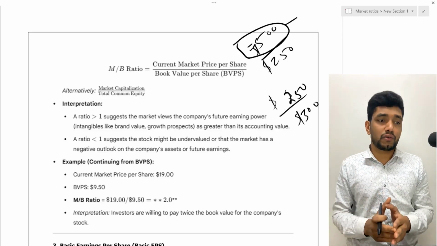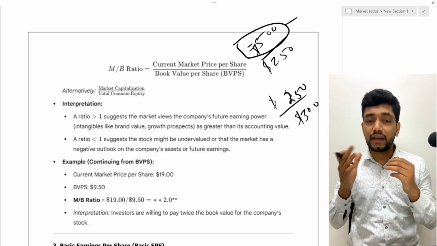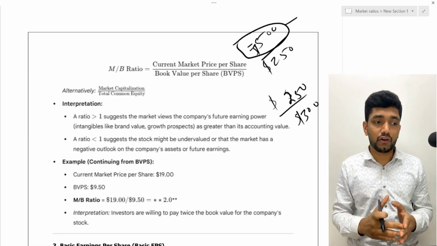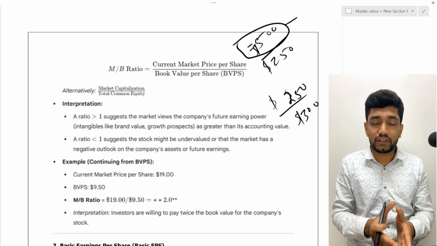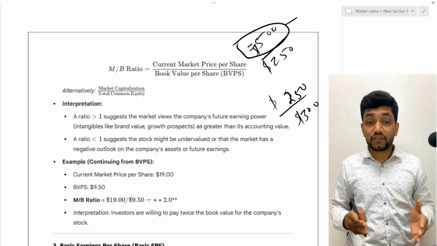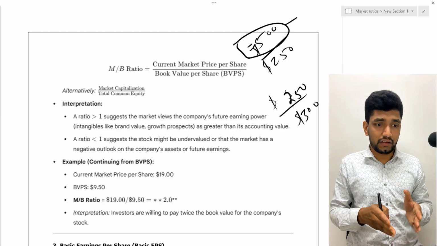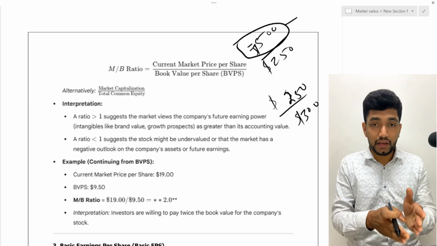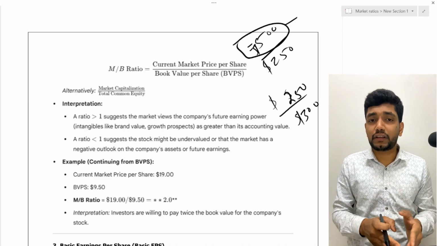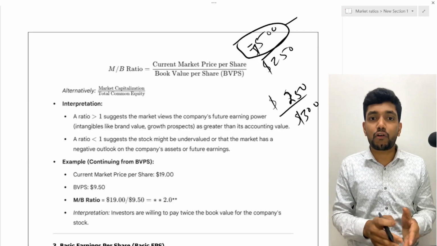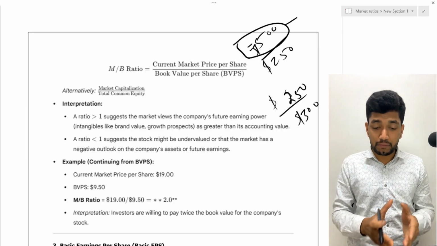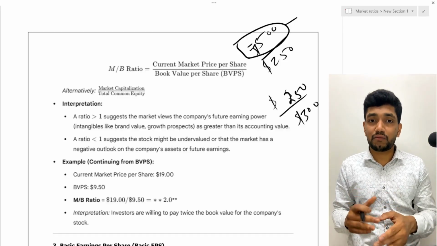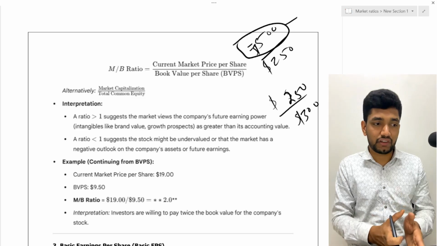So again, the market to book value ratio is just a comparison of your market price and your book value. If the ratio is greater than 1, it indicates that the market price is greater than its book value, which can be both. Maybe it is overpriced, or it has future potential earnings, so the investors are willing to pay that amount for that share.